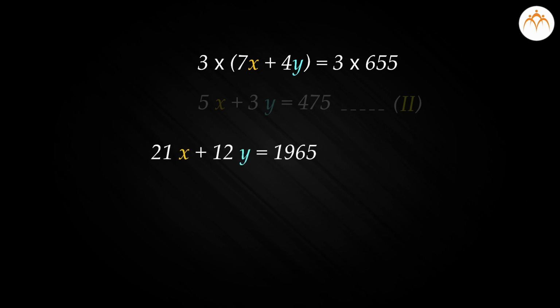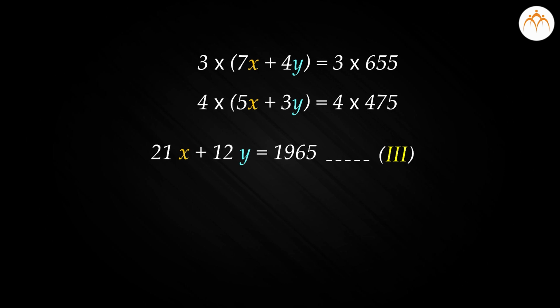Therefore, 21x plus 12y is equal to 1965, equation 3. Now multiplying equation 2 by 4, we get 4 into (5x plus 3y) equal to 4 into 475. Therefore, 20x plus 12y is equal to 1900, equation 4.